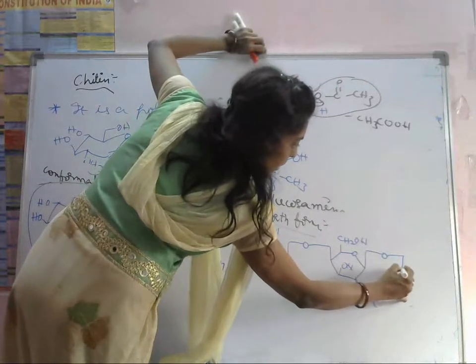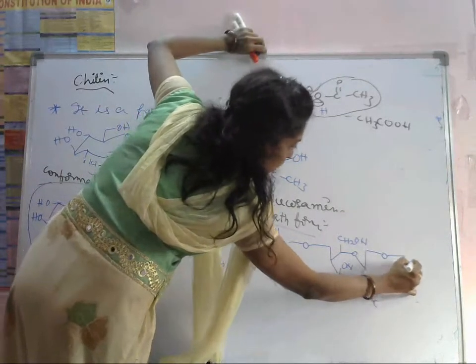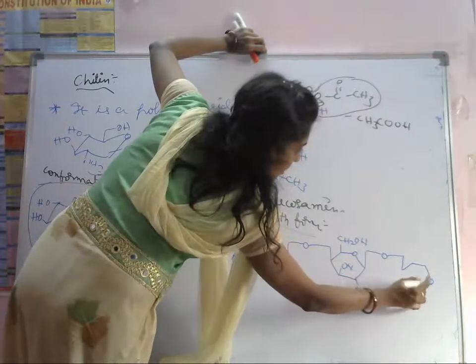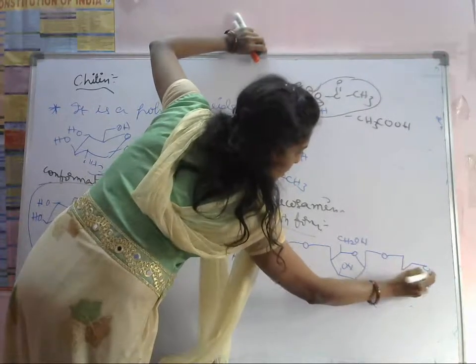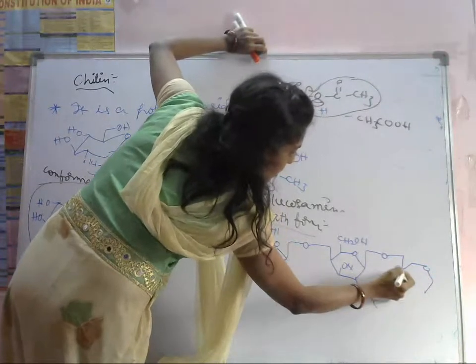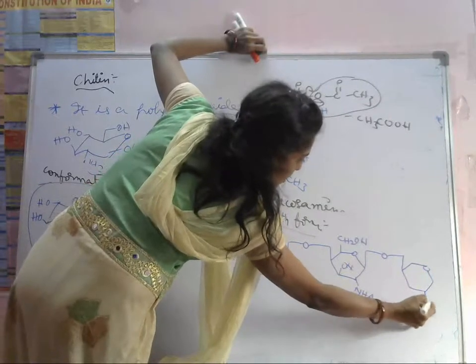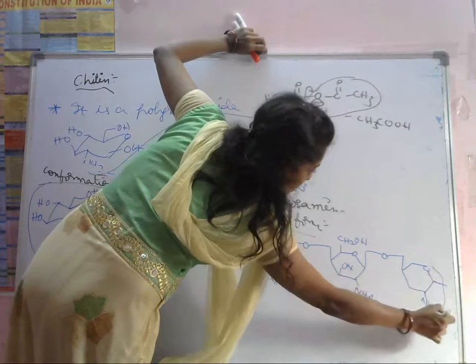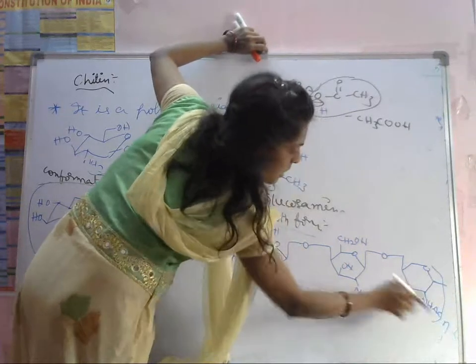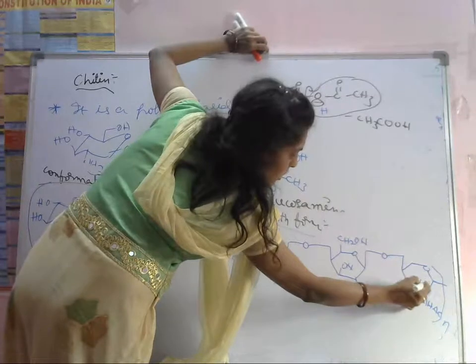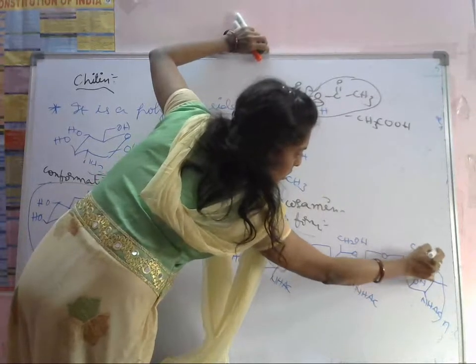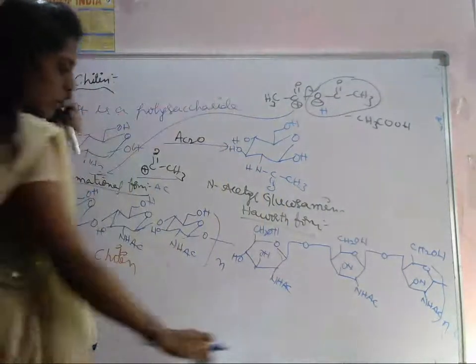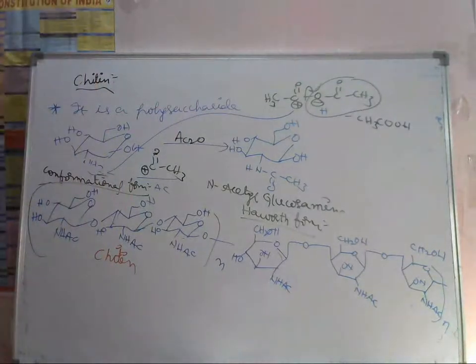Like that we can add any number. Okay. n number. This is NHAc. So this is OH. Here CH2OH. This is the Haworth form of this one. Okay. This is the conformational form.